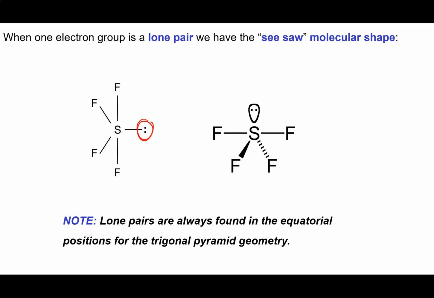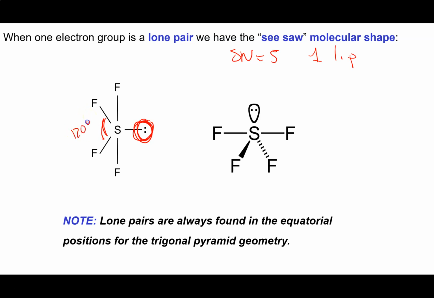So when I have a steric number equals 5 molecule with one lone pair, this lone pair goes in the equatorial position. What I'm left with is my two axial atoms, and then two of my atoms remaining that were from the equatorial group. They've got 120 degrees.